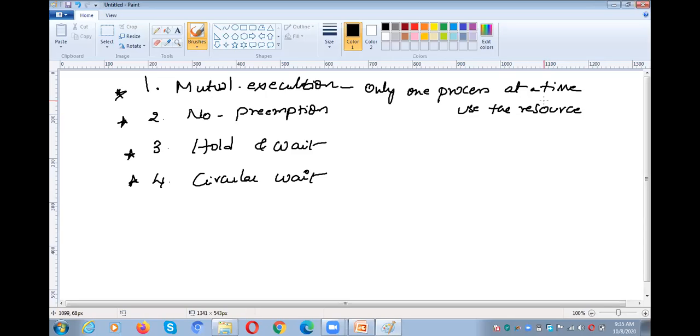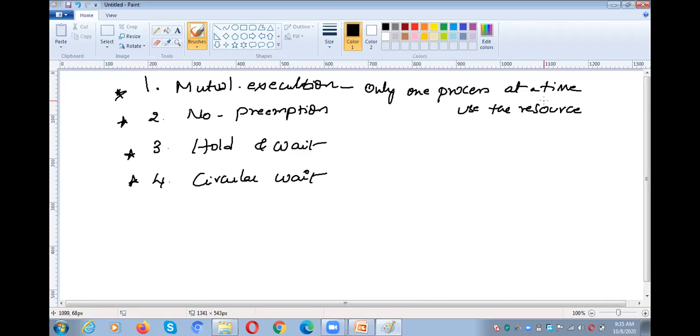Why? Because it is already allocated to one process. After using the resource, the process will release it, and only then can it be used by some other process. I repeat, we allow only one process at a time to access the resource.